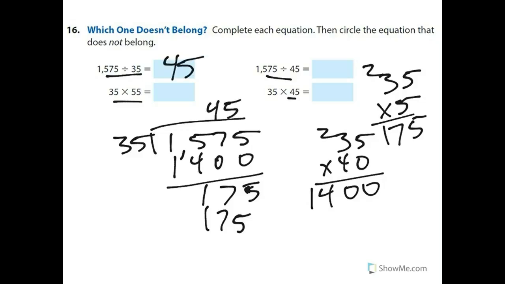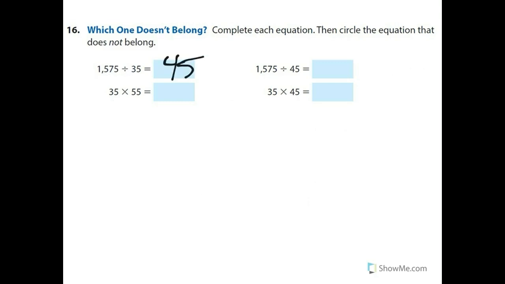And let me erase this stuff. Alright, so 1,575 divided by 45, I'm going to do it times 3 because times 4, if I did 4 times 4, it would be 16. So 40 times 40 would be 1,600. That would be too much.